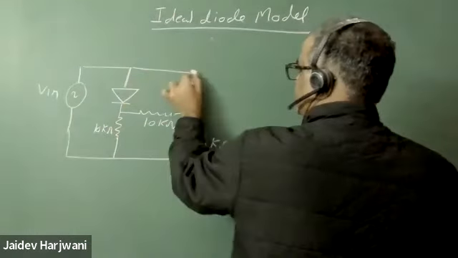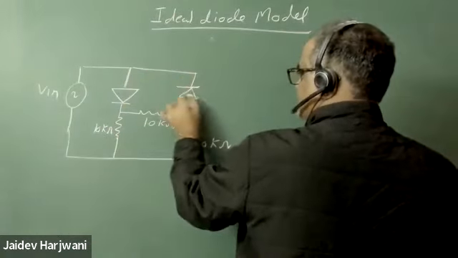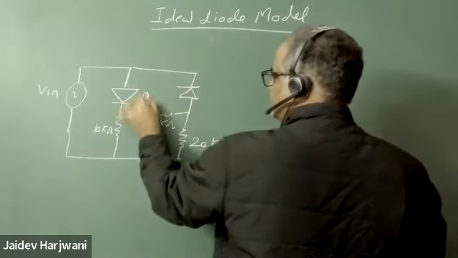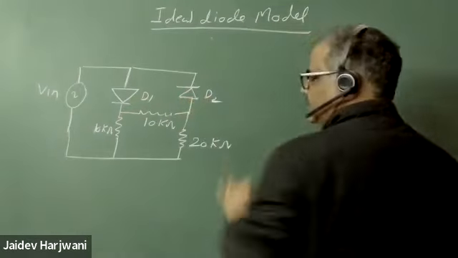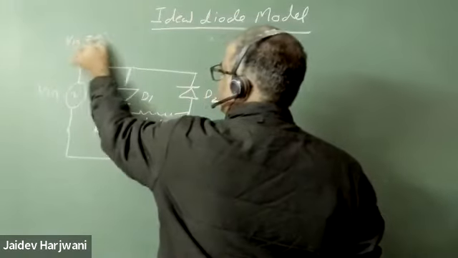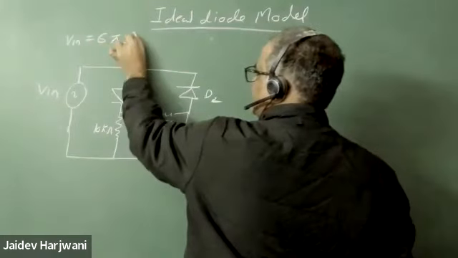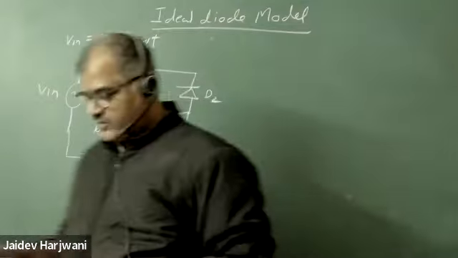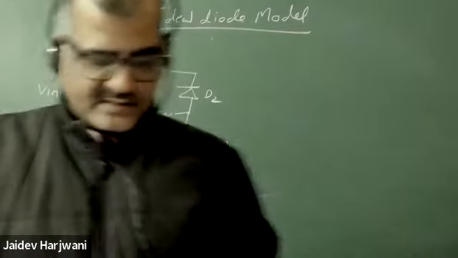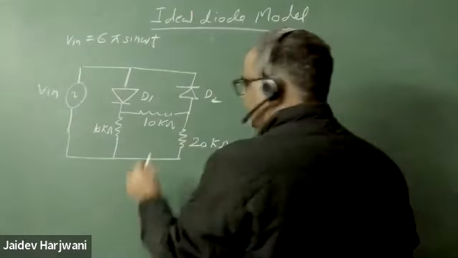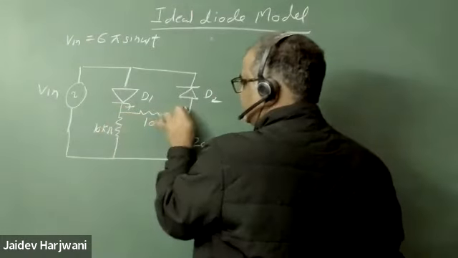And here you have another diode. Say this diode is D1, this diode is D2, and V input is given to you as 6 pi sine omega t. This time the peak to peak value is given to you, and they're asking what is the average value of voltage V naught, and V naught they are measuring like this.